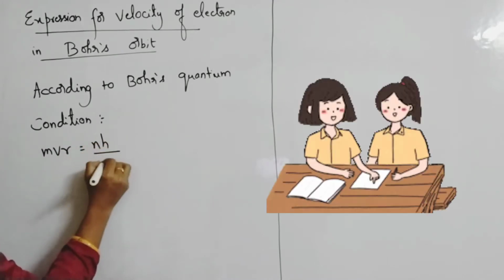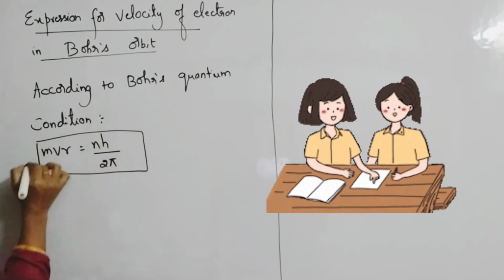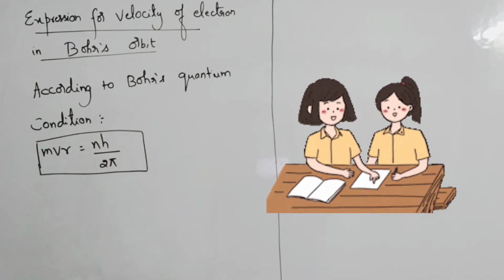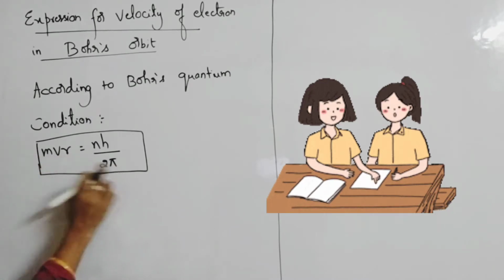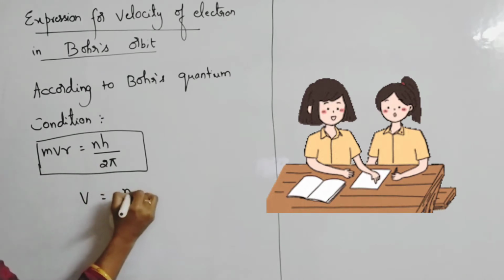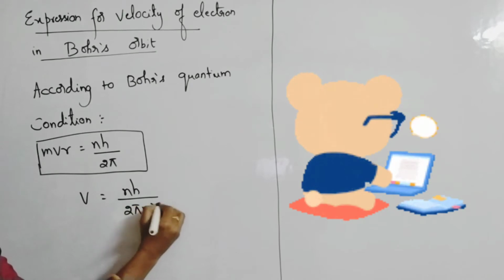This condition is called Bohr's quantum condition. From this, if you want to find velocity, bring m and r to the denominator. Then v becomes equal to nh by 2 pi mr.